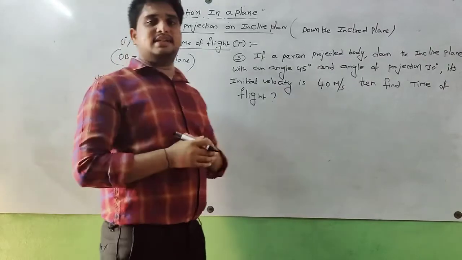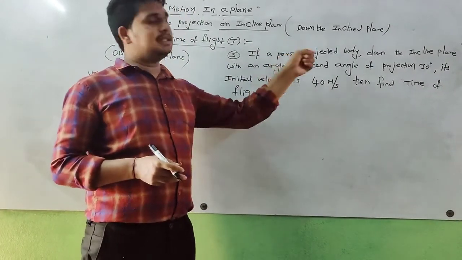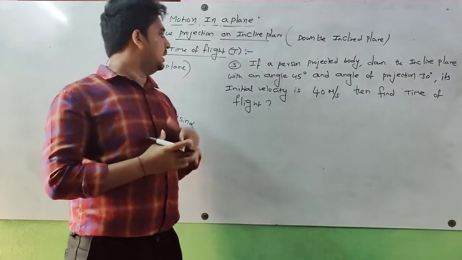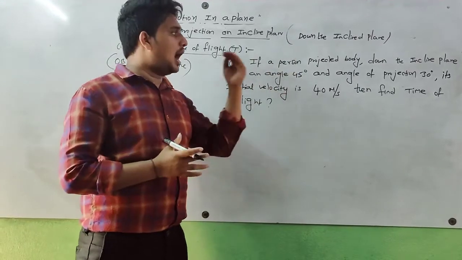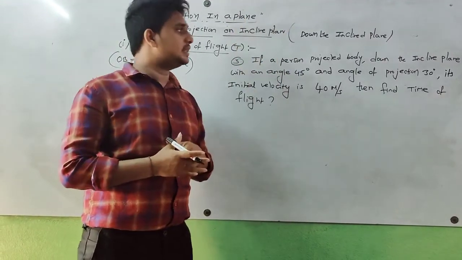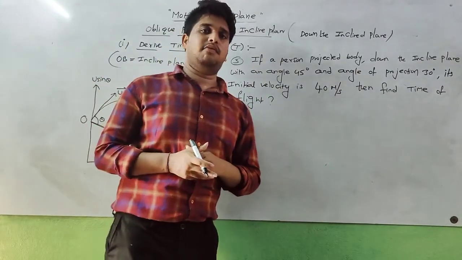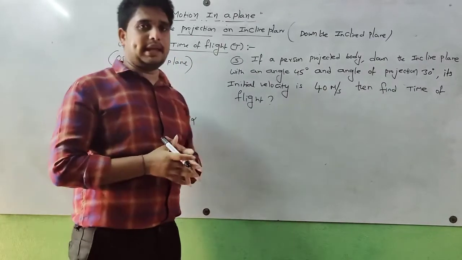Please observe, friends, the question first of all. If a person projected a body down the inclined plane with an angle of 45 degrees and the angle of projection is 30 degrees, its initial velocity is 40 meter per second, then find the time of flight.